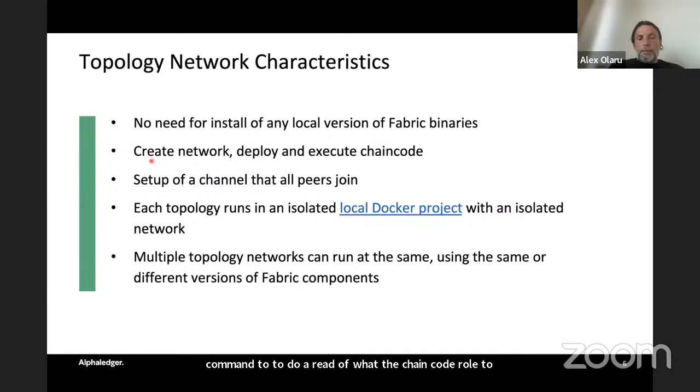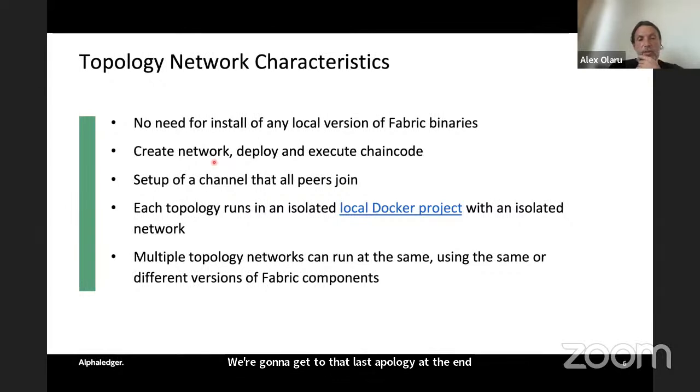All the setup of the network has one single channel that all peers are joining for the different organizations. There is one topology in which orderers are also joining the same channel. We're going to get to that last topology at the end.